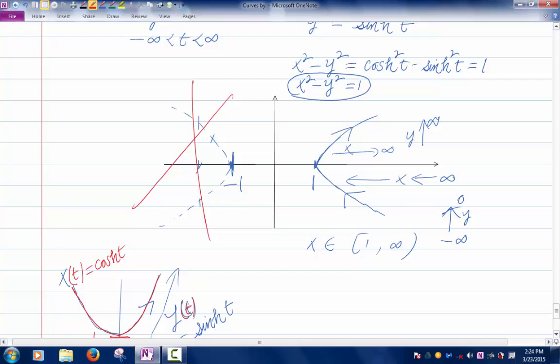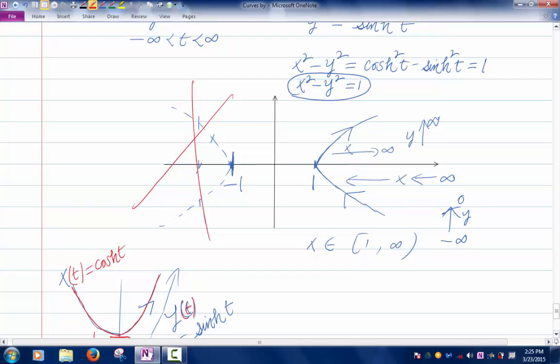That's what it means, right? Is everybody okay? X is decreasing from infinity to 1. Y is increasing from negative infinity to 0. So put them together, it says that the curve starts at x at positive infinity, y at negative infinity, and then you move upward until you get to the point (1, 0).